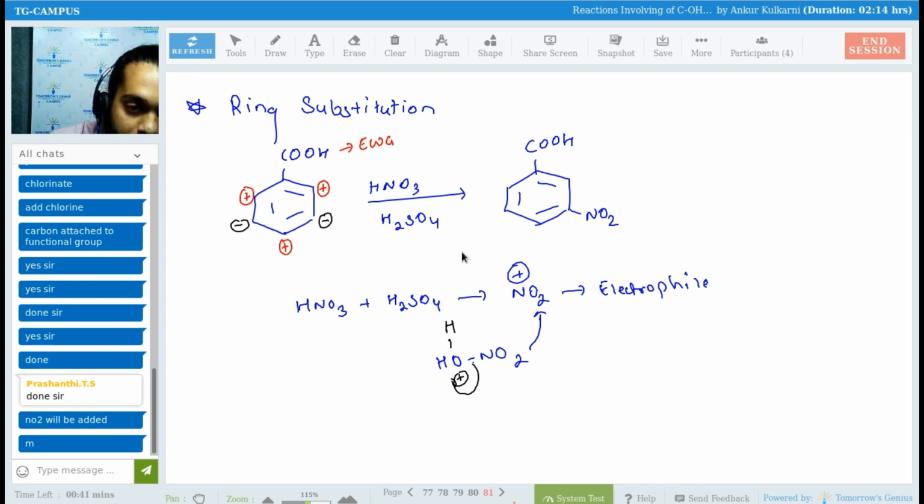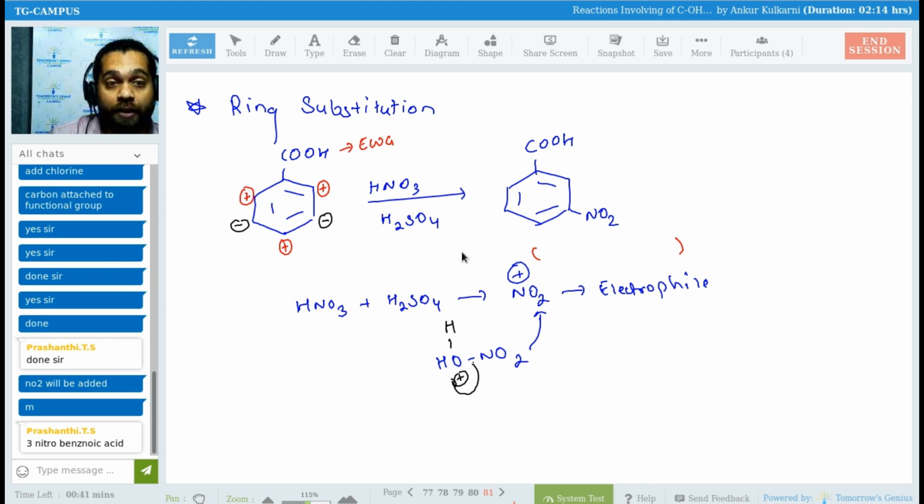By the way, what will be the name of this, Bhuvaneshwari? Prashanti, the product we have got, what will be the IUPAC name?